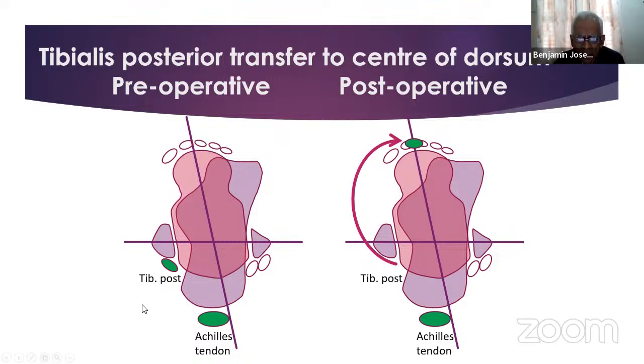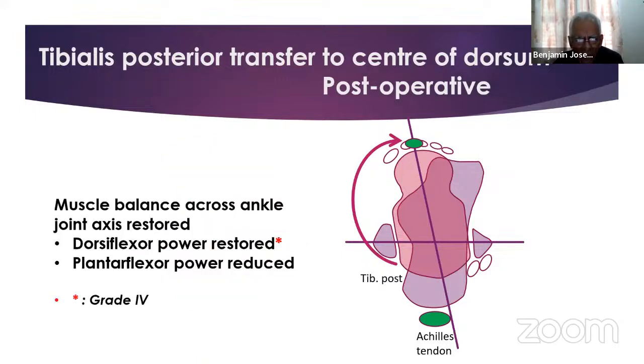Remember here, you've got no everter power. You've got a strong inverter, and that inverter you're transferring to the dorsum. So the muscle balance across the ankle is restored. The dorsiflexor power is restored. But remember that this is a grade 4 power, but that's usually sufficient.